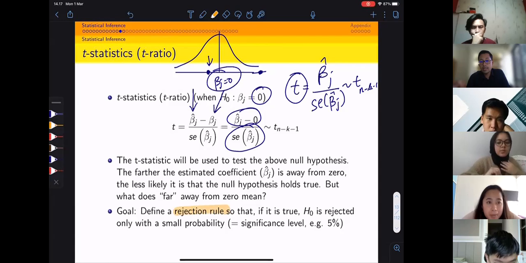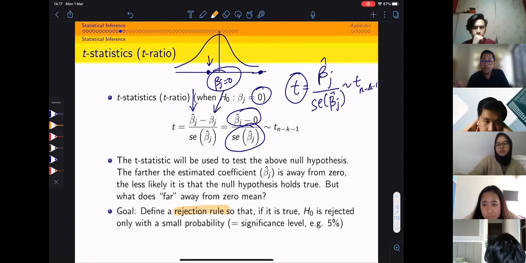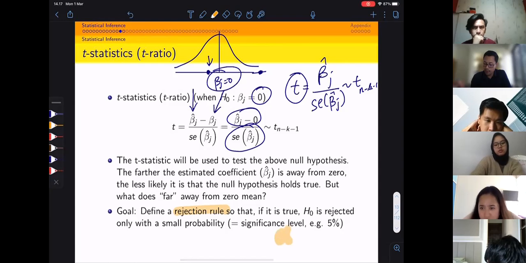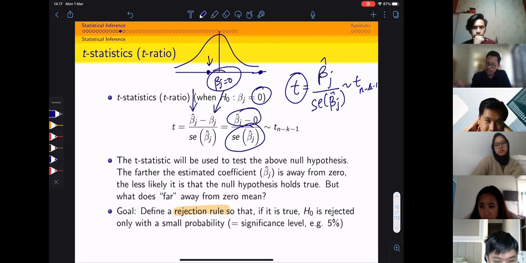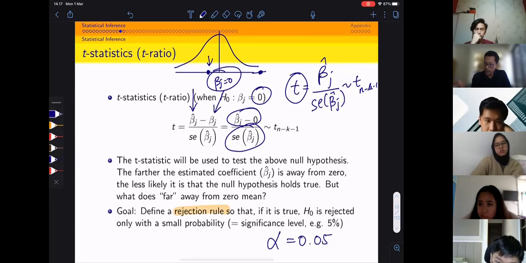So we need a rejection rule such that if it's true, then the null hypothesis is rejected with a small probability. That probability is usually referred to as alpha. In this case, alpha is equal to 0.05 or 5%.